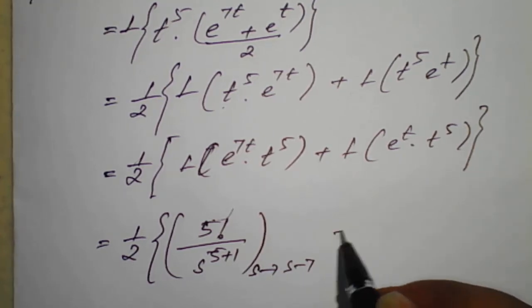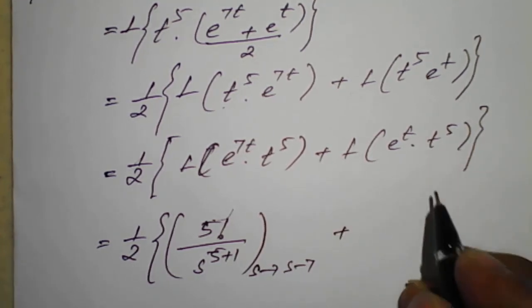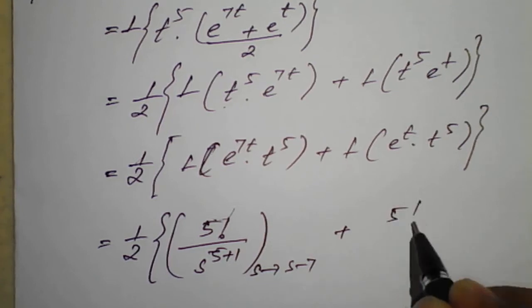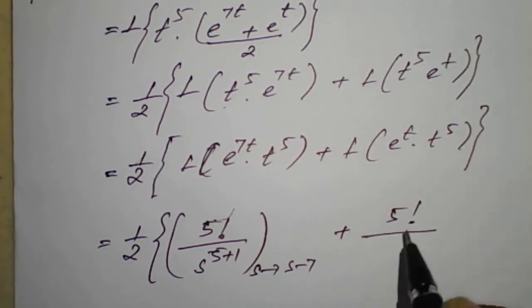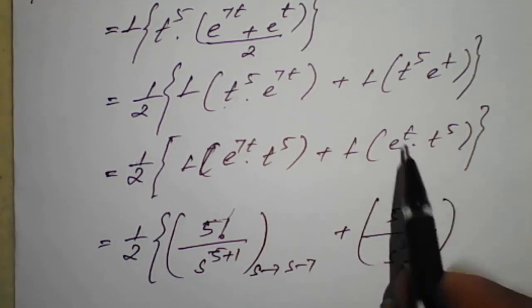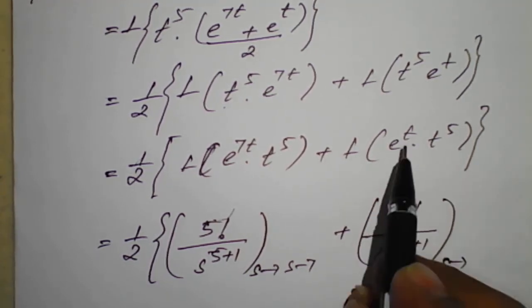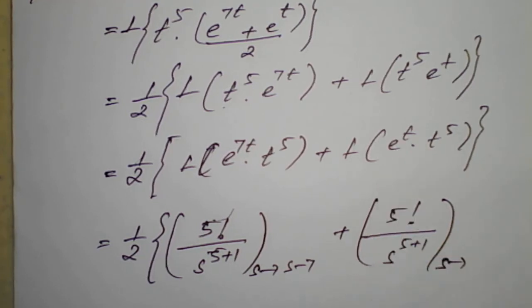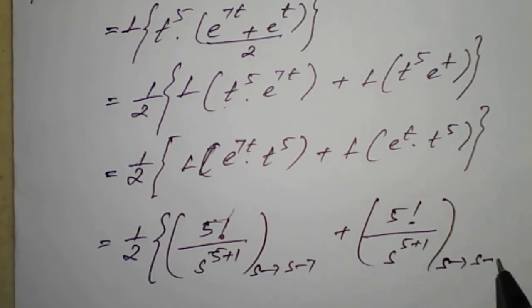Similarly for the second term, Laplace transform of t raised to 5 is 5 factorial divided by s raised to 5 plus 1, and the shifting operator is what here, s changes to s, because plus t is there, so therefore it is s minus 1.